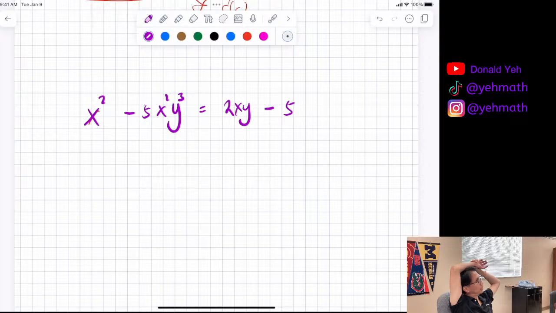How many product rules are there? There are 2 product rules.